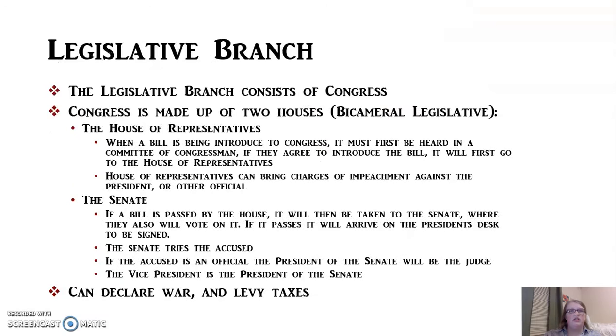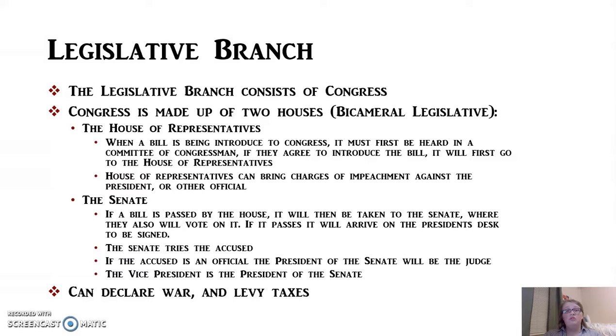Now, legislative branch. The legislative branch is basically Congress. That's all it is. Congress is once again made up of two houses, a bicameral legislative. The House of Representatives. Let's talk about how a bill in the House of Representatives comes about. When a bill is introduced to Congress, it must first be heard in a committee of selected congressmen.